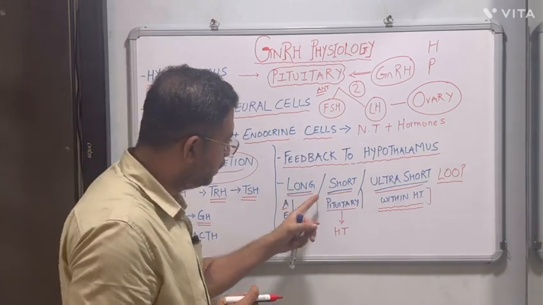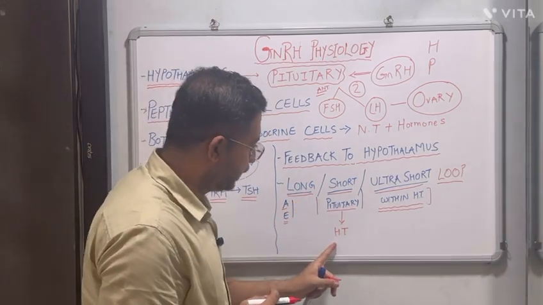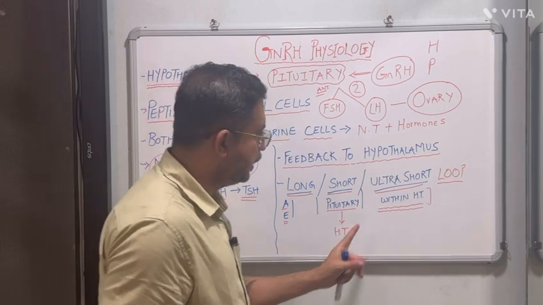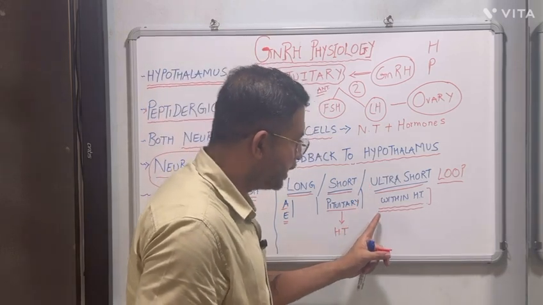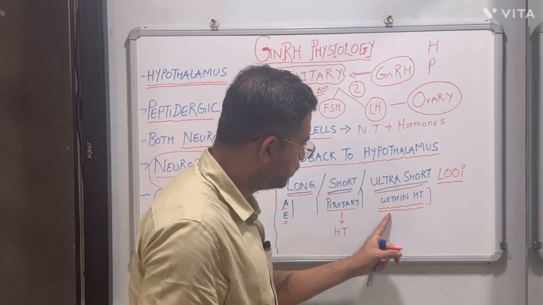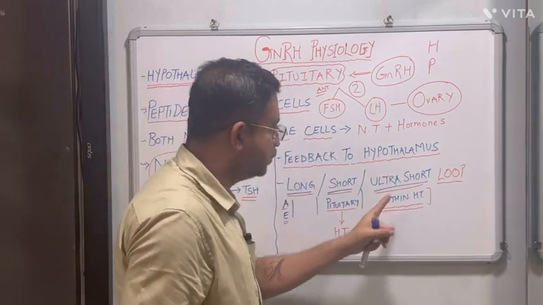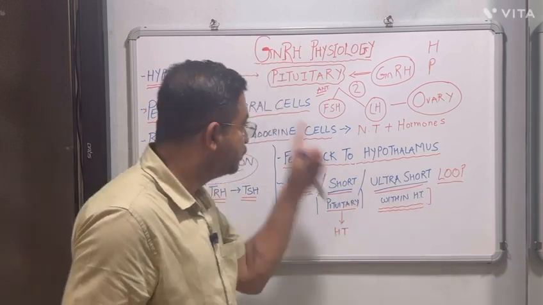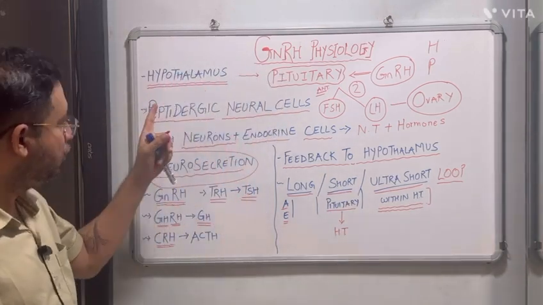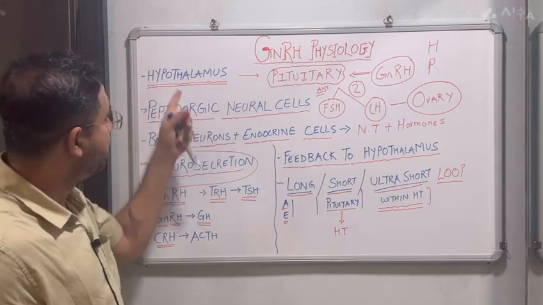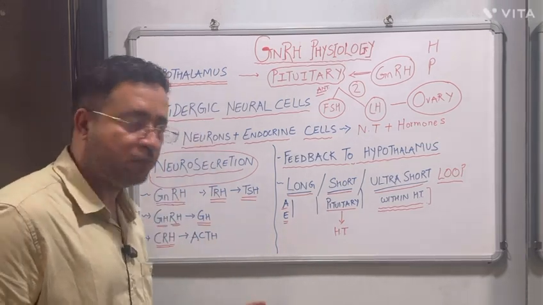In the short loop, the pituitary hormones give signal to the hypothalamus, and in the ultra short loop, some chemicals or hormones secreted by the hypothalamus give signal to the hypothalamus itself to control the release or inhibit the release of these releasing hormones.